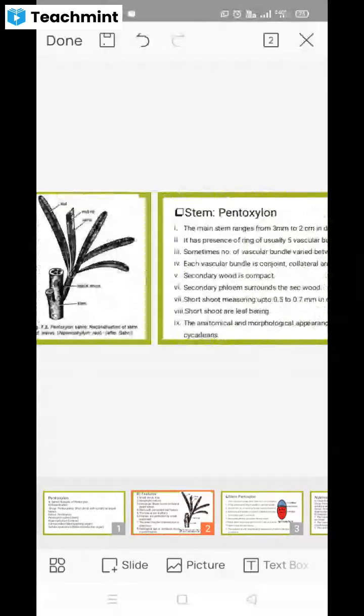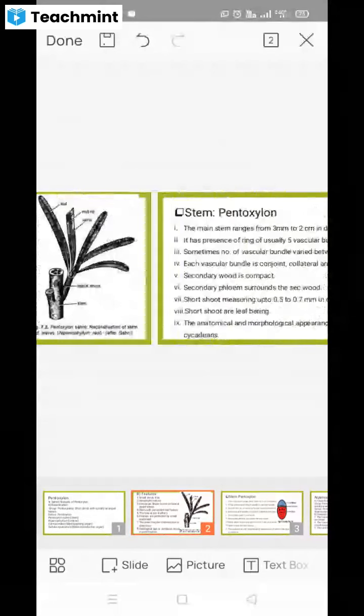Each vascular bundle is conjoined, collateral and open. That means xylem and phloem are in one plane, xylem at the inner side, phloem at the outer side, and in between xylem and phloem there is cambium. So in Pentoxylon vascular bundles are conjoined, collateral and open.